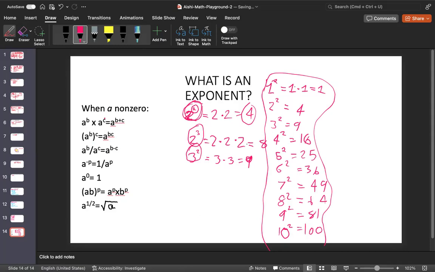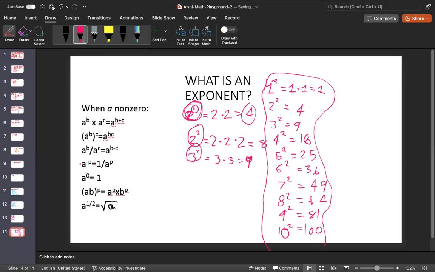And we also have a few exponent laws when a is non-zero. A to the power b times a to the power c is equal to a to the power b plus c. And a to the power b, the whole thing to the power c, is equal to a to the power bc. And then a to the power b divided by a to the power c is equal to a to the power b minus c.